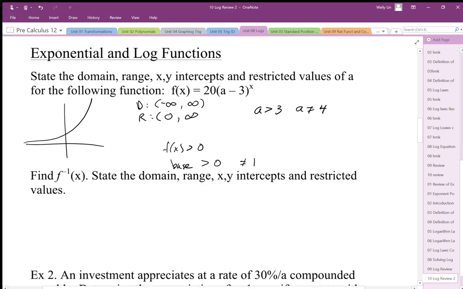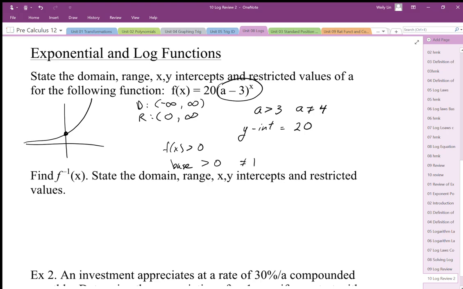Okay, we can write the x and y intercepts. There are no x-intercepts. The y-intercept of this function, okay, anything to the power of 0 is going to be 1. So in this case, that part is equal to 1. So the y-intercept of the expression is equal to 20, because we're going to multiply that by 20.